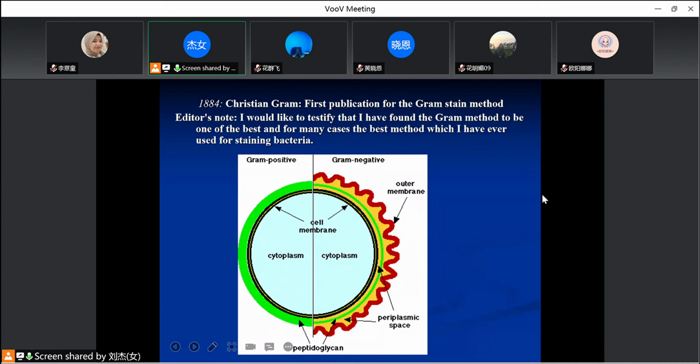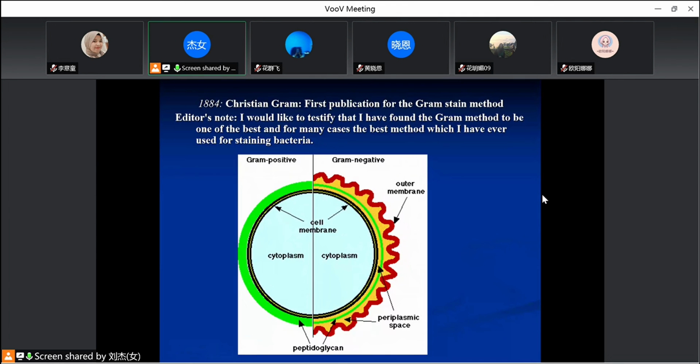So maybe some students will think, teacher, why should we learn about the different cell walls of the bacteria? It's the basic structure of the bacteria, but why do we need to learn it clearly? First, because the materials on the cell wall of bacteria cause an immune reaction in the host.